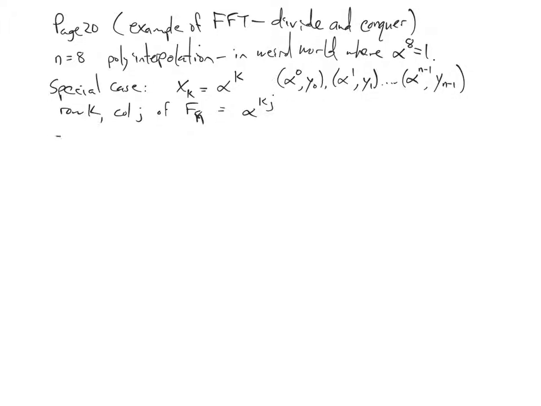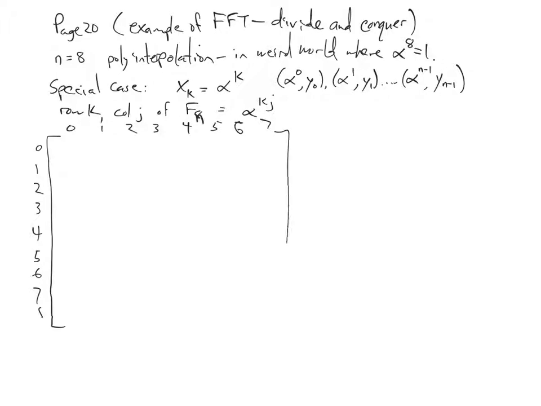So if we write that out laboriously, we've got rows 0 through 7 and columns 0 through 7.